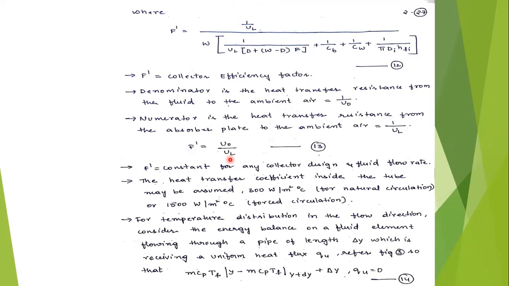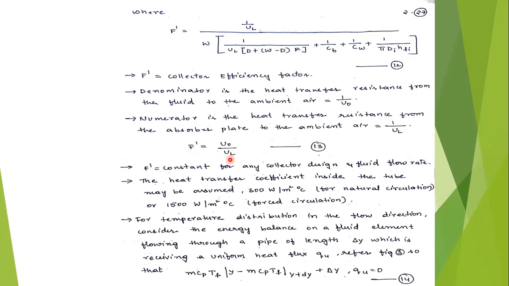As this is a ratio, it is dimensionless and it is the collector efficiency factor. As it is a ratio, it is constant for any collector design and fluid flow rate. Whatever the rate of fluid flowing in the tubes, this F dash remains constant for any design of collectors.